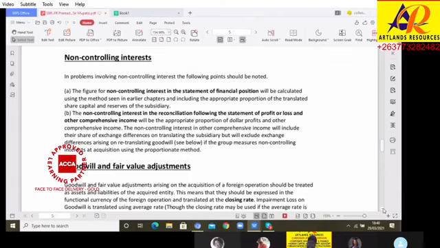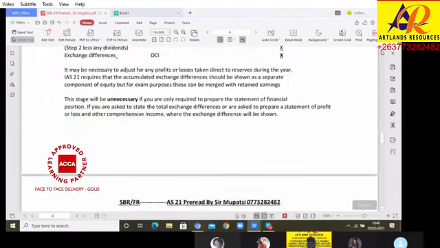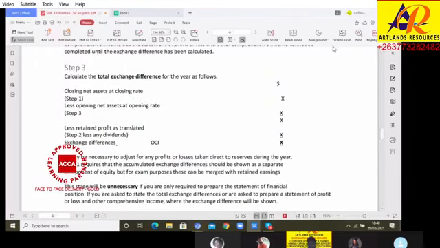If it's partial goodwill method, it means goodwill is owned by the parent only. That's partial. So you need to understand, because we are saying there are exchange gains and exchange losses here. If you translate the statement of profit or loss, the exchange gain or exchange loss that you get here is shared between parent and NCI.